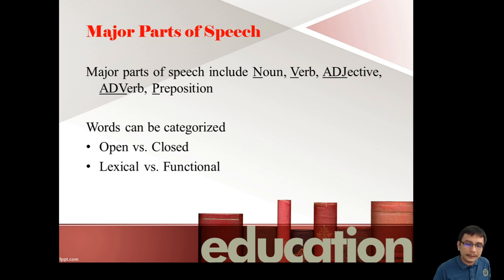And then we can also further divide the words into lexical and functional categories. Lexical words are the words that have meaning by themselves. For example, nouns have meaning by themselves. But prepositions do not have meaning by themselves, because it will depend on the context. For example, the word in, on Monday refers to the time, while on the table refers to the place.